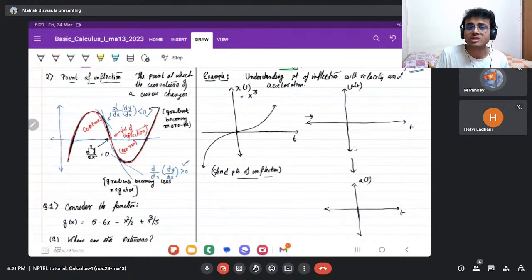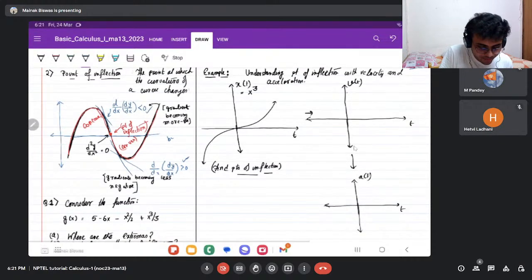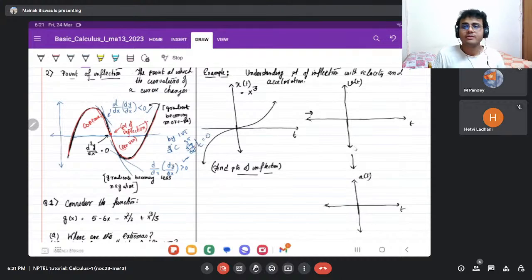So if one side is less than 0 and the other side is greater than 0, and if the second derivatives are continuous or the second derivative exists, you agree by the intermediate value theorem there would be a 0 of the second derivative. By IVT there exists a C such that d2y/dx2 at C is 0, you agree?